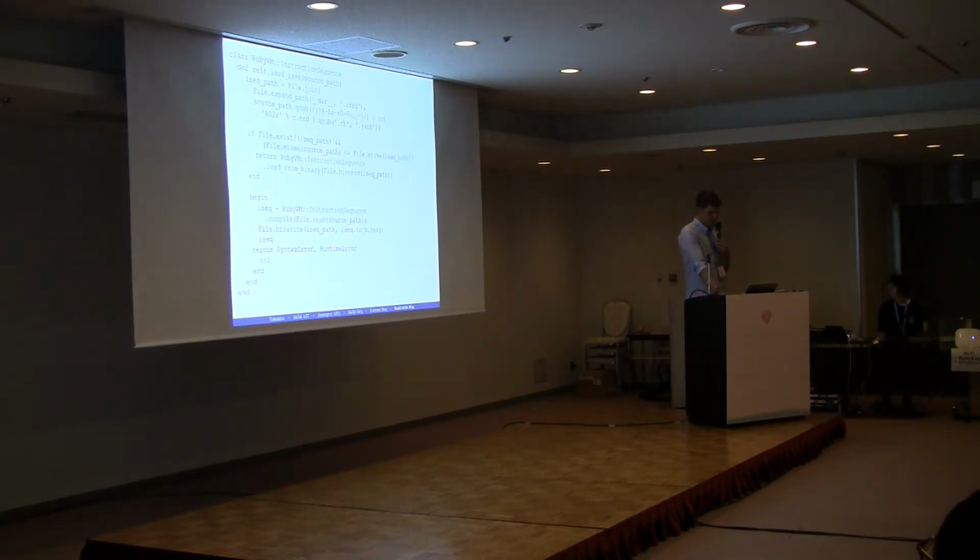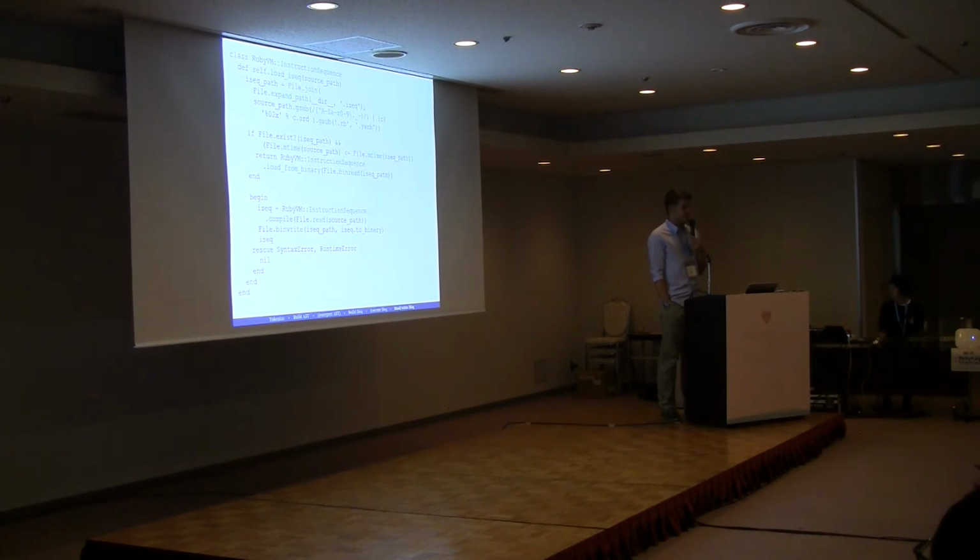So this is the smallest example implementation that I could make up. But this actually works. So what it does is LoadIseq is called anytime something is required. So everything's going to pass through this. And what's going to happen is the path to the source file is going to come in, and you're going to create another path for an iseq file, and that can be somewhere in your system, or it could be part of another file.